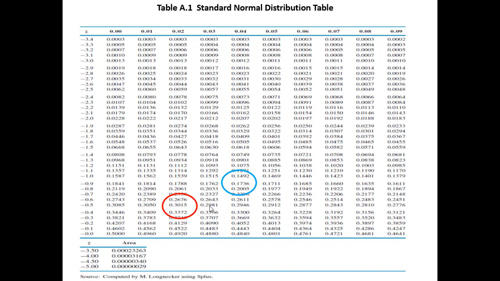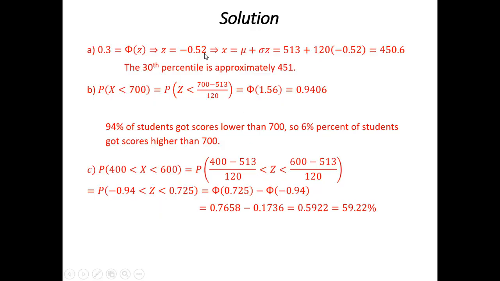What we really need is the x value. So here you can see we get as close as we can to 0.30. So let's go with this value here. The corresponding z value is minus 0.52. So that will be our z.